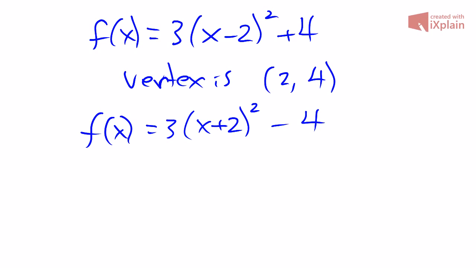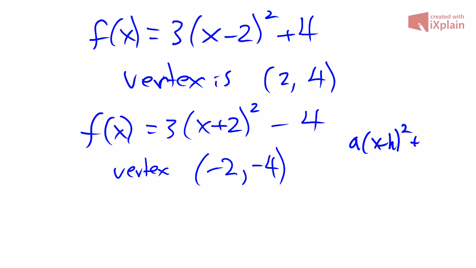So if you don't have the x minus, then the h value is actually negative there. So the vertex would be -2, -4.